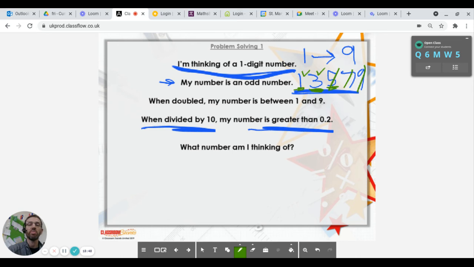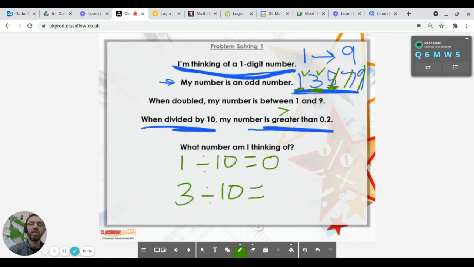And finally, it says, when divided by 10, my number is greater than 0.2. Is greater than, we had that symbol earlier, didn't we? So let's take my possible answers. I've only got 2 answers left, 1 or 3. And I divide them by 10. My answer has got to be greater than 0.2.